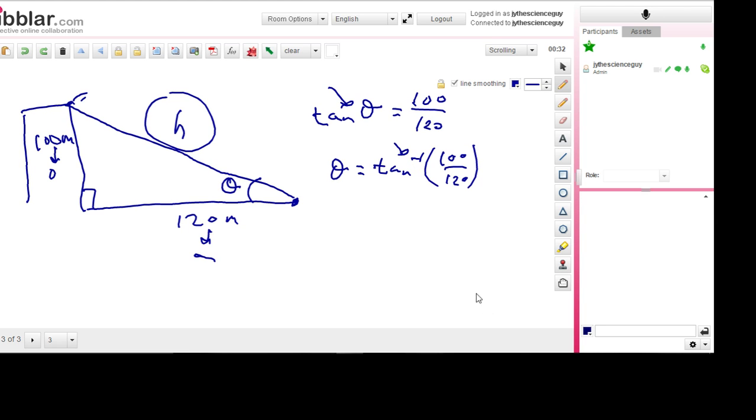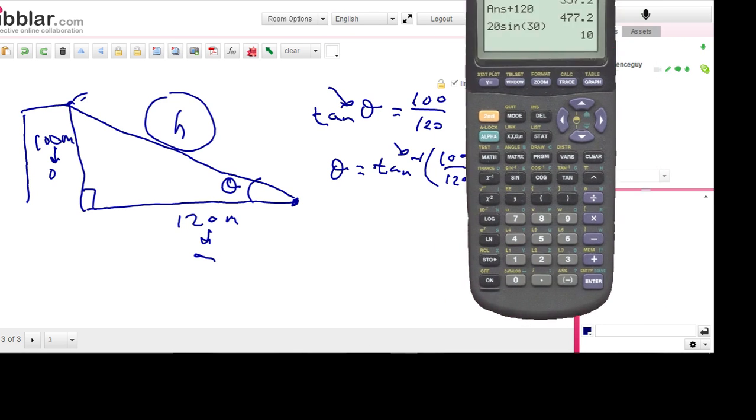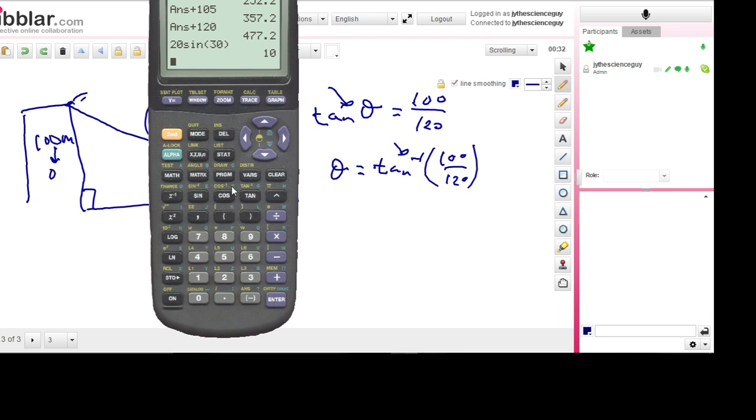Can you just plug it in as 120 over 100, or do you have to use negative 1? No. I'm going to show you. You always be jumping the gun, man. I know. You see that right there? That's tangent inverse. So I'm going to hit second tangent, and then 100 divided by 120. All I was saying was, can you do tangent 120 over 100? And you'll get the wrong answer. Okay, got it. Instead of getting that angle down there, you'll get that angle up here.